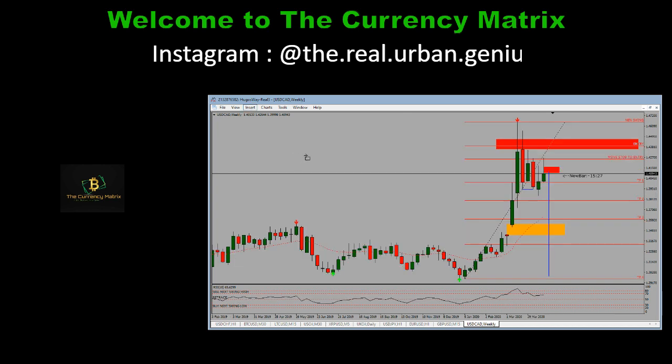I'm going to draw another one in there. All right, week to week, that's simply the high of 2 weeks ago, or the low of 2 weeks ago, to the high of last week. I drew it there with that blue line.